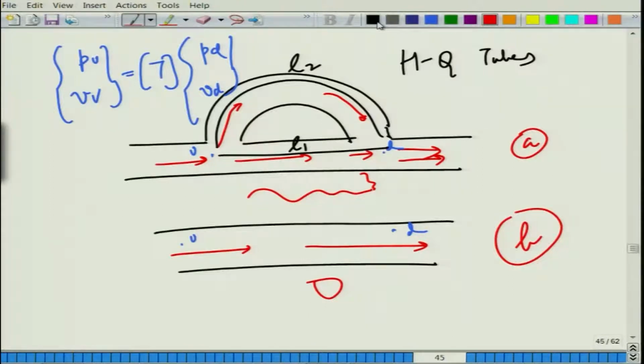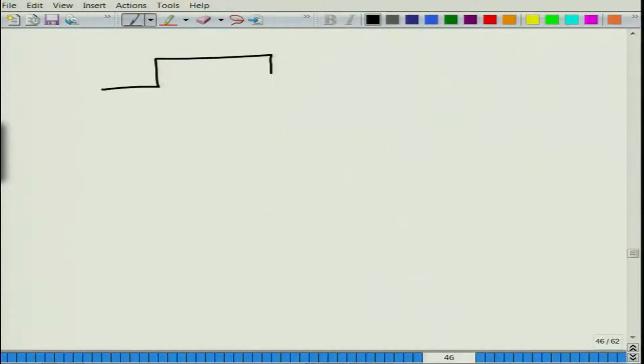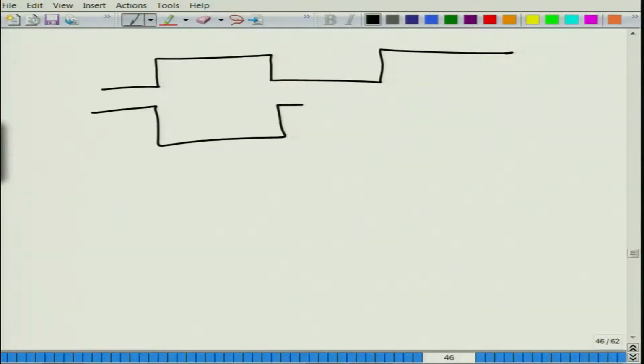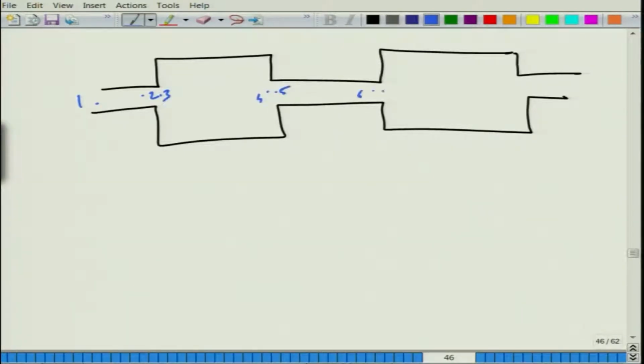And another system is, for example, if you have a muffler system like this, as we have been discussing in the beginning of this course, a very simple looking concentric muffler configuration with points 1, 2, 3, 4, 5, 6, 7, 8, 9, 10.